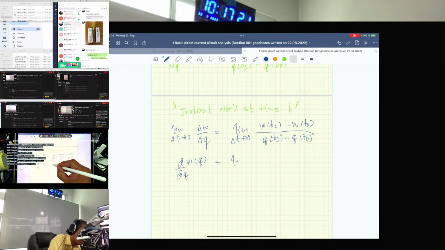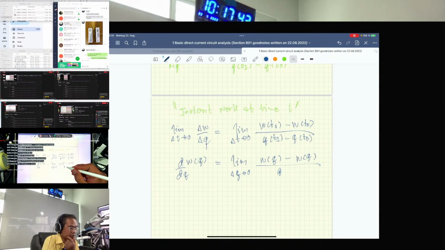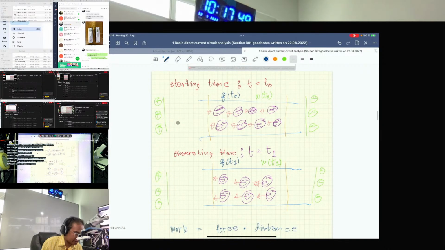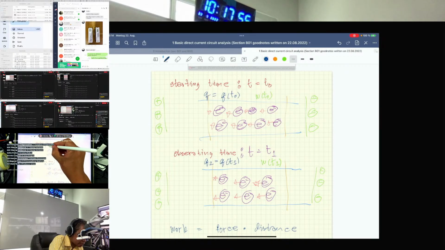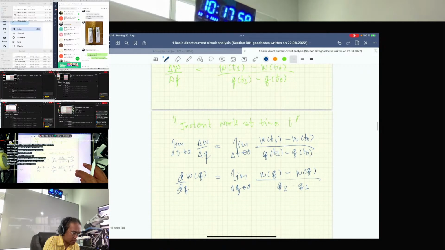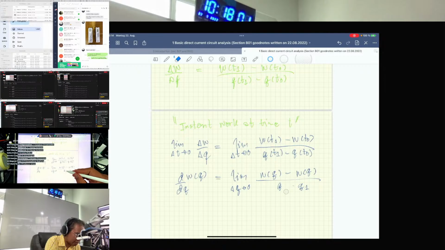Okay, and that's the limit delta Q to 0 of W as a function of Q, minus W as a function of Q, over Q1 minus Q0, which is the amount of charge at, okay, and Q0, not t, okay, this is Q1 and Q0.